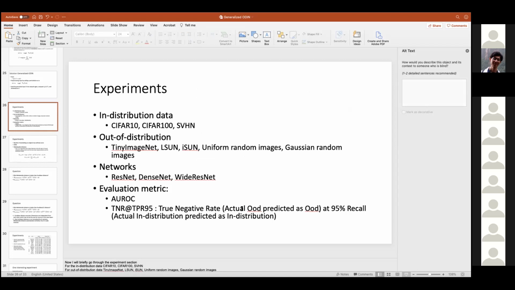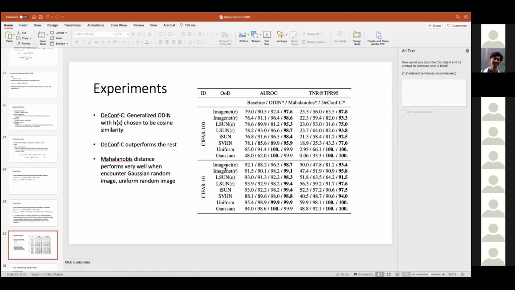Yeah, that means, for example, 5% of in-distribution is misclassified, but we can only detect 90% of OOD. So I just feel the results of the TNR are actually not that good, right?